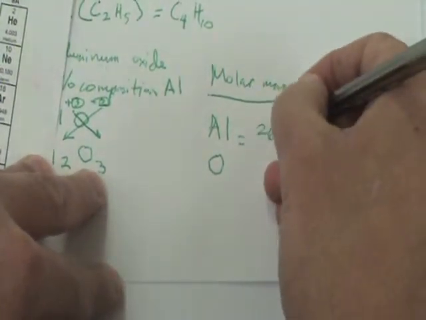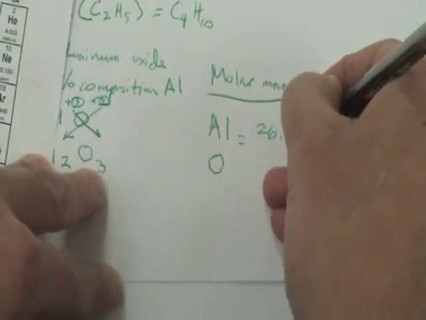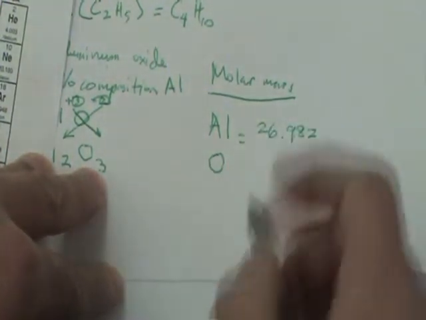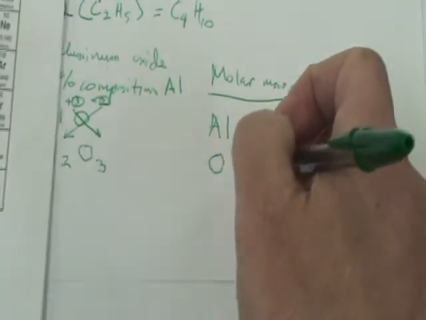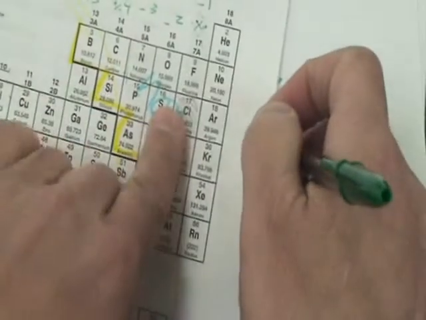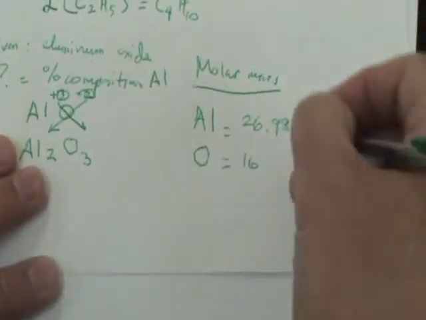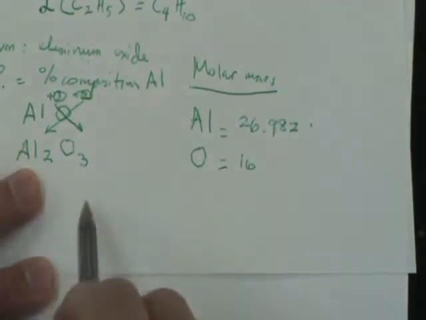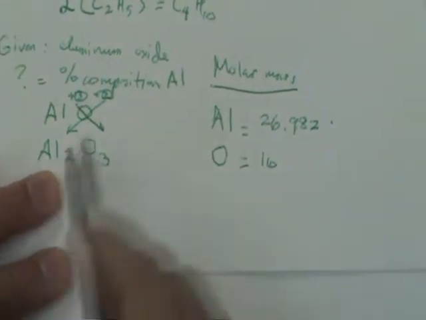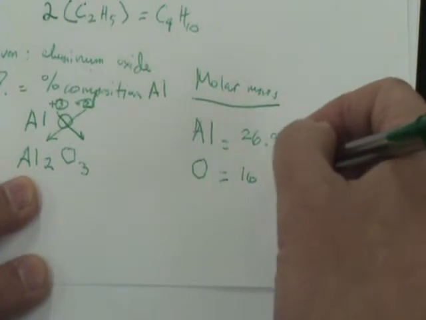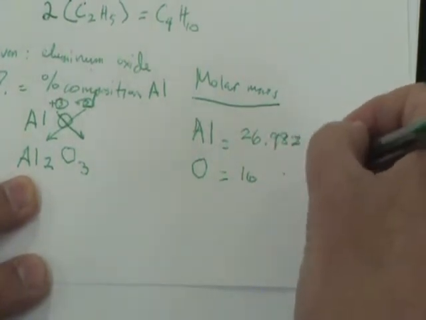So I write down all the numbers involved. Now oxygen is 15.999, that's 16, so I just write it down here. And we multiply by the number of atoms. So we've got aluminum, which is 2, oxygen, which is 3.